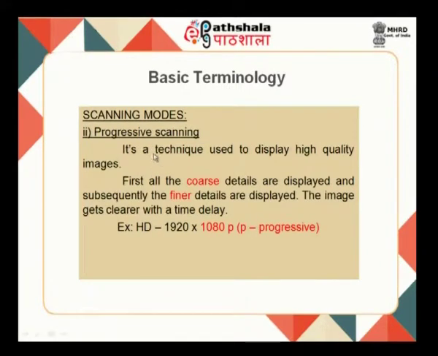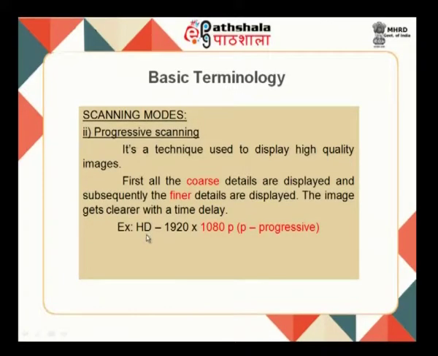The other kind of scanning mode for a display device is progressive scanning. In progressive scanning, the image is not scanned in the way of standard interlaced scanning. Here the coarse details of the picture are displayed first and finer details are displayed later. Coarse details means the important details that make up the image are displayed first and the finer details appear later.